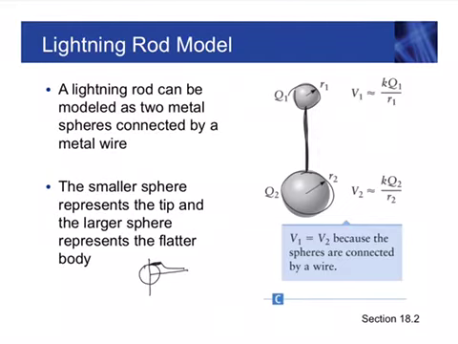So as soon as we connect one metal sphere with another metal sphere by wire, charges go from one to another until the electric potential value is the same on both spheres. The electric potential on the first sphere is kQ1 over R1, and the potential on the second sphere is kQ2 over R2.